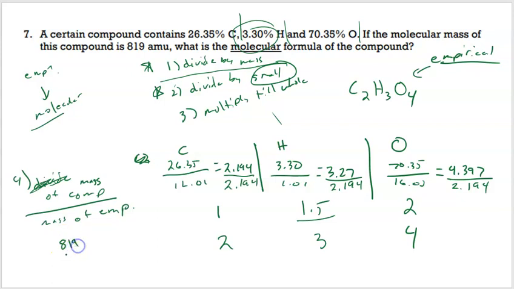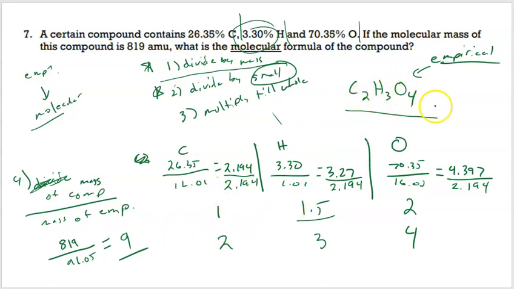So we're going to go 819 over the mass of C2H3O4, so 2 carbons plus 3 hydrogens plus 4 oxygens gives me a mass of 91.05. And that is going to give me basically 9 when we round. Okay? So that means I'm going to multiply my 2, 3, and 4 by 9.